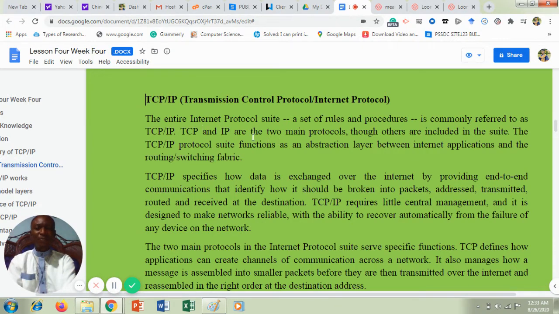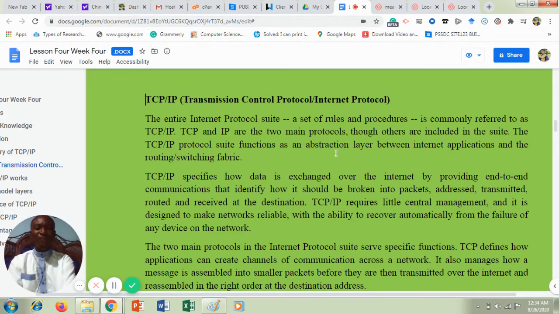It is two different main protocols: you have the TCP and you have the IP. Others may also be included. It's an abstraction layer. When we talk about abstraction, it means you are not actually concentrating on the details.